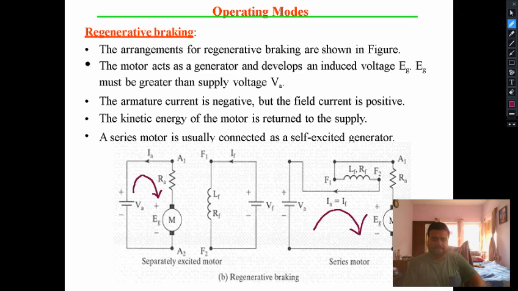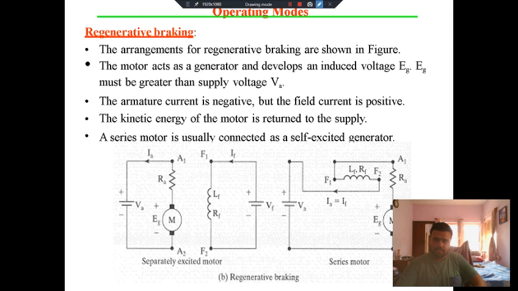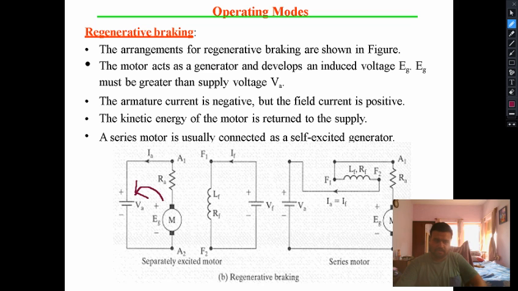But during regenerative braking, there is a reversal in the direction of current, so it will be in this particular direction.